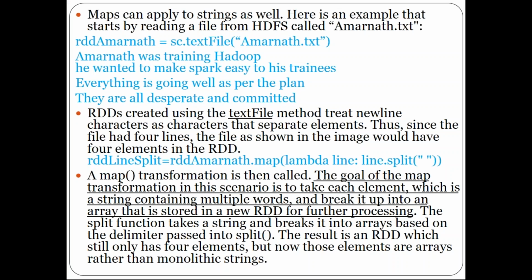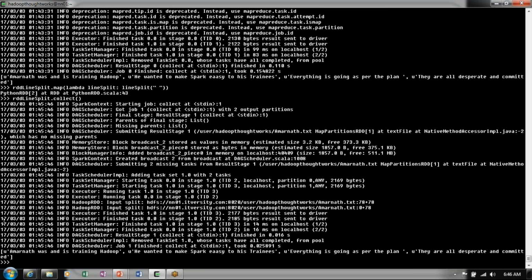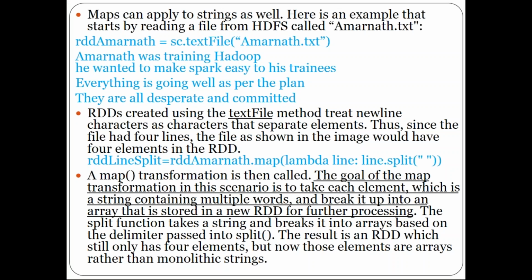I repeat once again, your map function is a transformation which takes your individual elements as inputs and breaks them into an array that is stored in a new RDD. Here, this is an array: one array, two array, three array, four array. You have arrays now, and those arrays are stored in a new RDD. That is all your map function is doing.